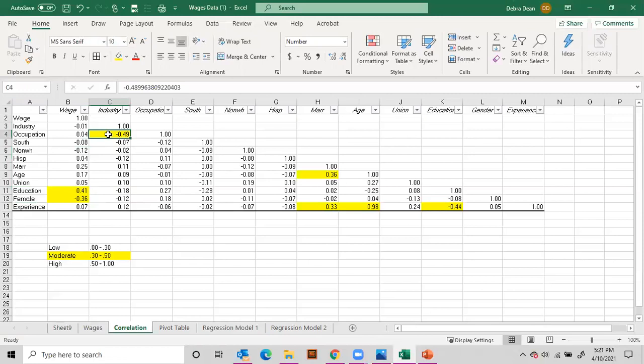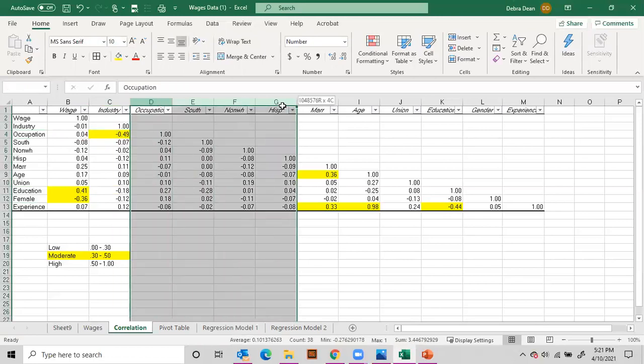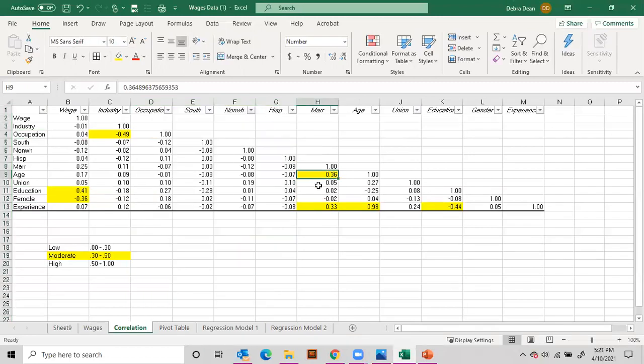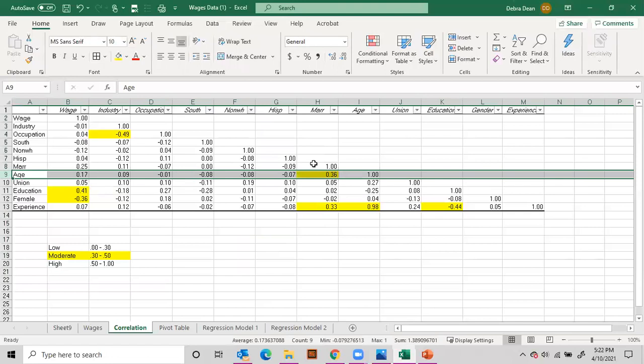For industry, we see that occupation and industry are related, which totally makes sense. If I'm a teacher, I'm probably working in the education industry. None of these were related whatsoever. Now, marriage, what I see here is that based on our age, we can have a predictive variable of marriage, which makes sense too.